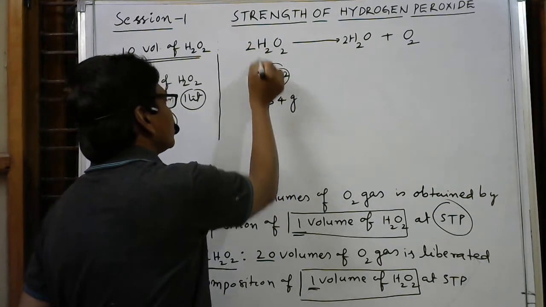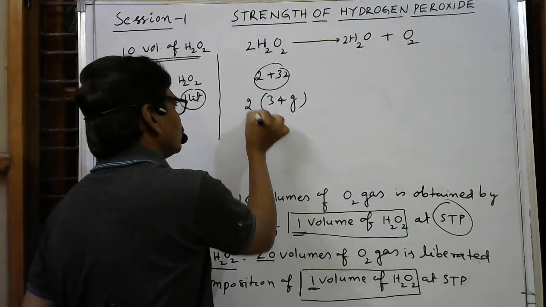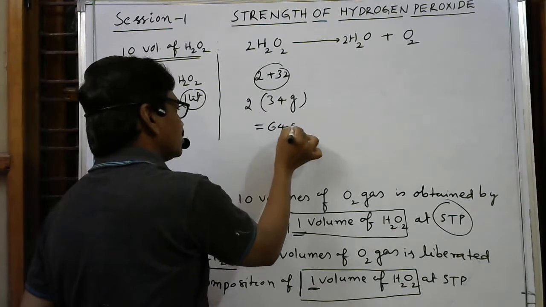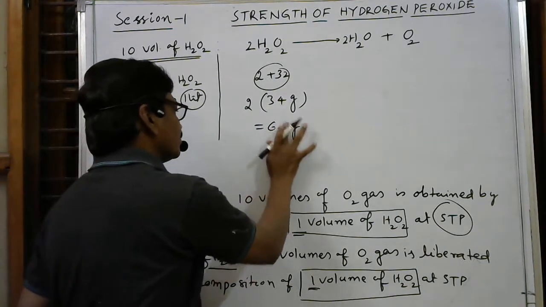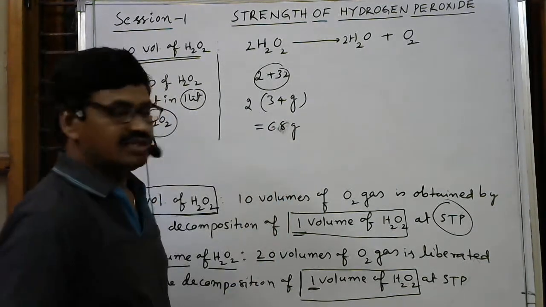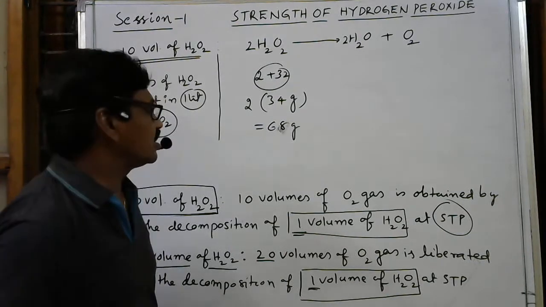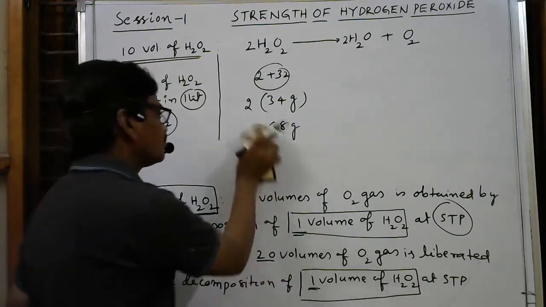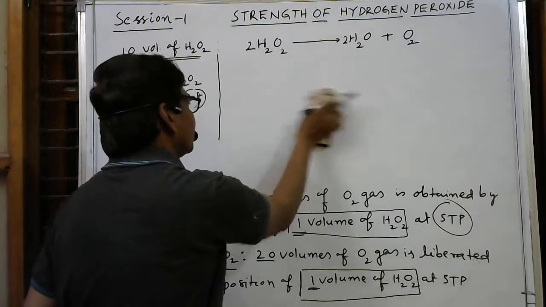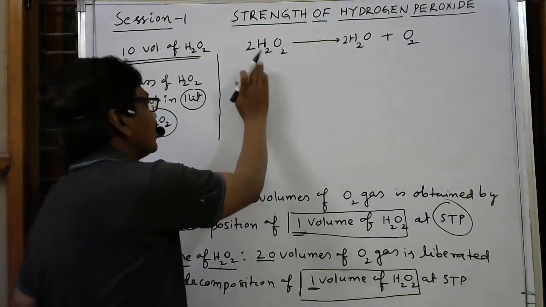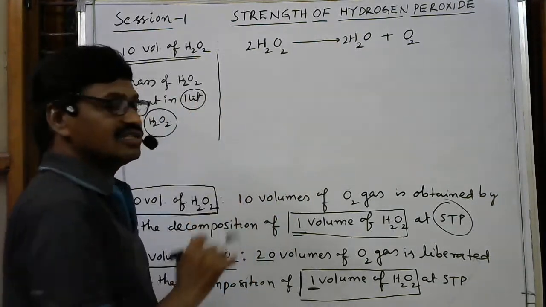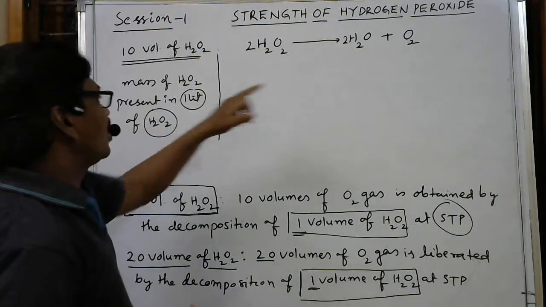But 2 moles are there, so multiplying by 2, the total is 68 grams. That means the 2 moles we are taking here is nothing but 68 grams of hydrogen peroxide in terms of mass. Why am I taking mass here? Because this calculation is related to the mass and volume relation.